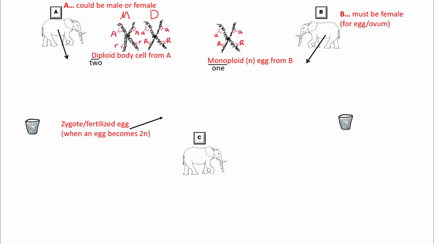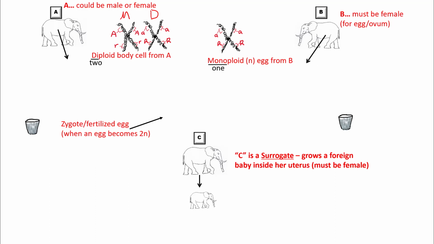Therefore, elephant C has to be a female because it needs a uterus, and elephant C is called a surrogate. It will grow a foreign baby inside her uterus. And 18 months later, for elephants, you get a new baby. This baby contains all the DNA from elephant A. Therefore, the baby that's born is a clone or identical copy of elephant A.